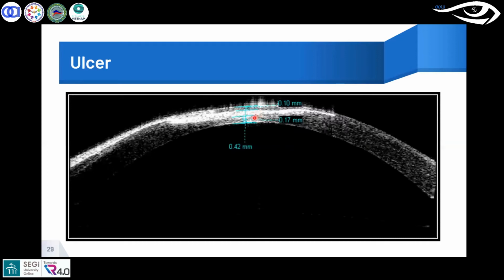The top portion shows the exact ulcer, and the lower portion looks a little hyper reflective, but it is actually normal. So this portion is the ulcer which has to be surgically treated with whatever technique is possible.